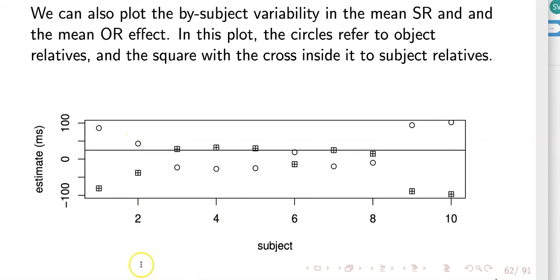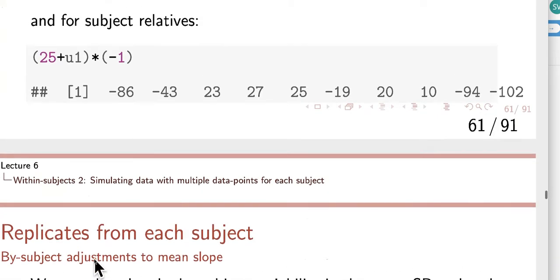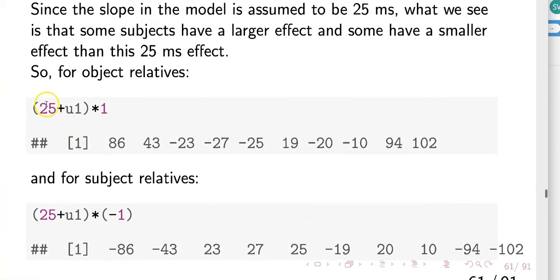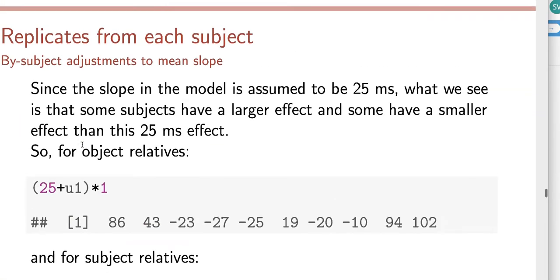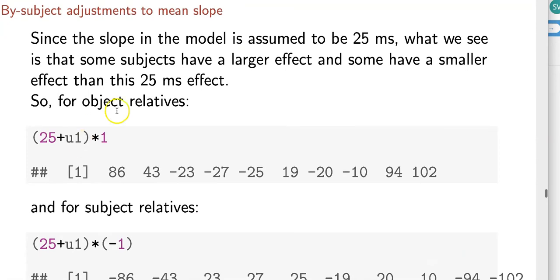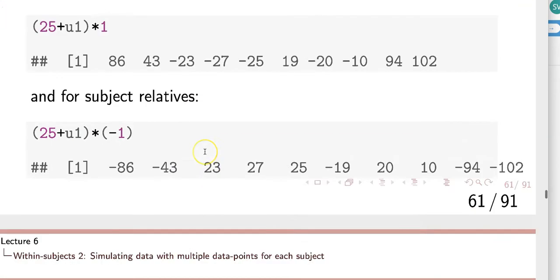So the different subjects have different effects for the subject and object relatives. That's the variability that is induced over this fixed effect. If we did not have any varying slopes, then all subjects would be assumed to have the same slope of 25 milliseconds. So this varying slope is adding variability in this estimate.